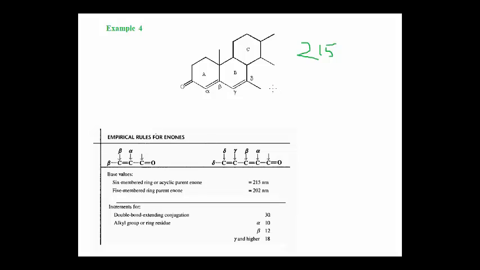All right. Now, we note that the double bond between the gamma and delta carbons is conjugated with our starting enone system. That adds 30 nanometers, so we'll add 30 for that CC double bond extending the chain of conjugation.